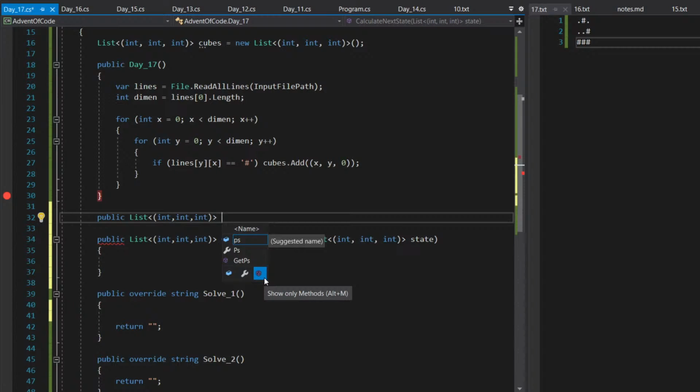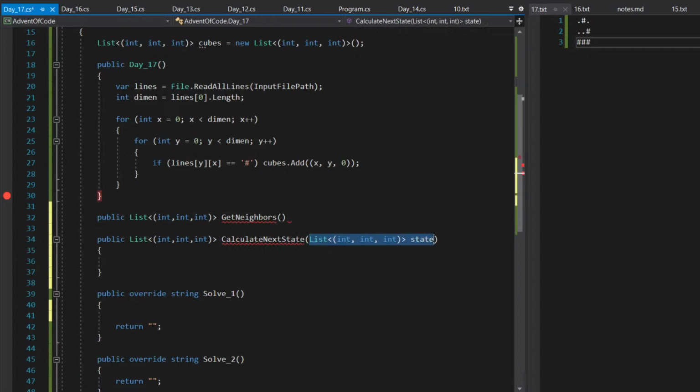I might have to make a comparator. But anyway, we're going to say get neighbors, and we're going to pass over the state and a, I don't know, what are we going to say? Target?